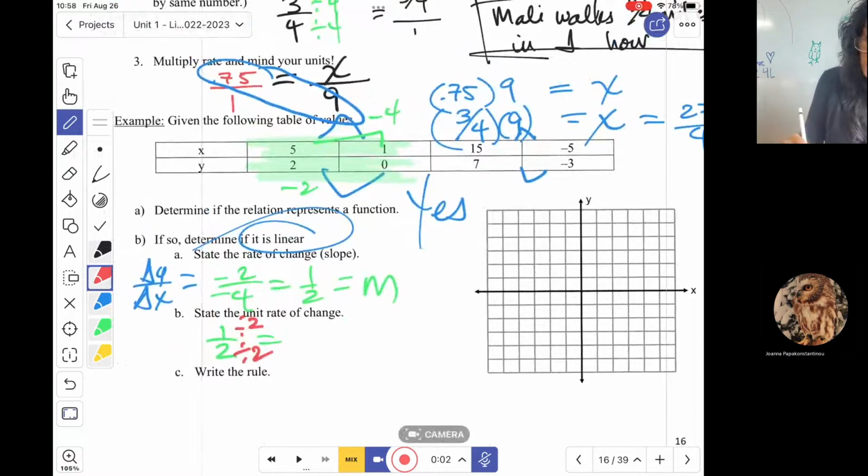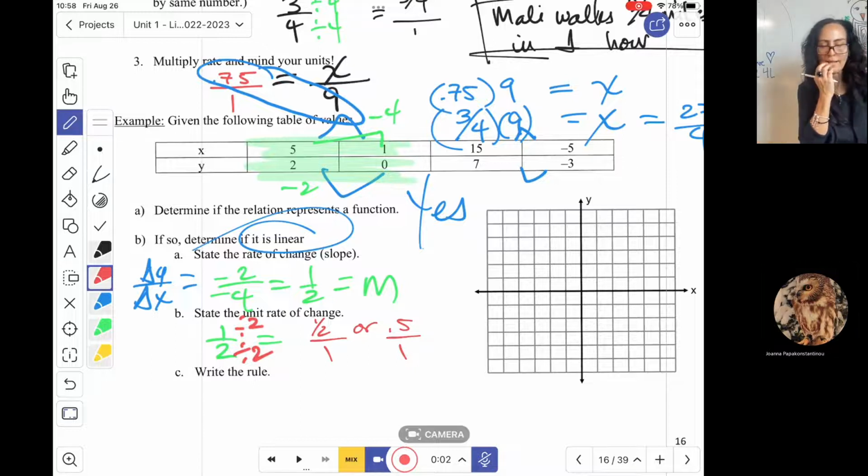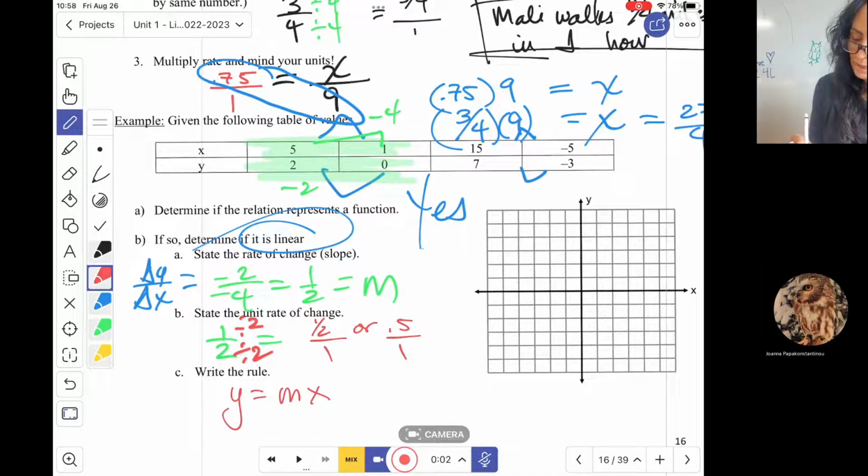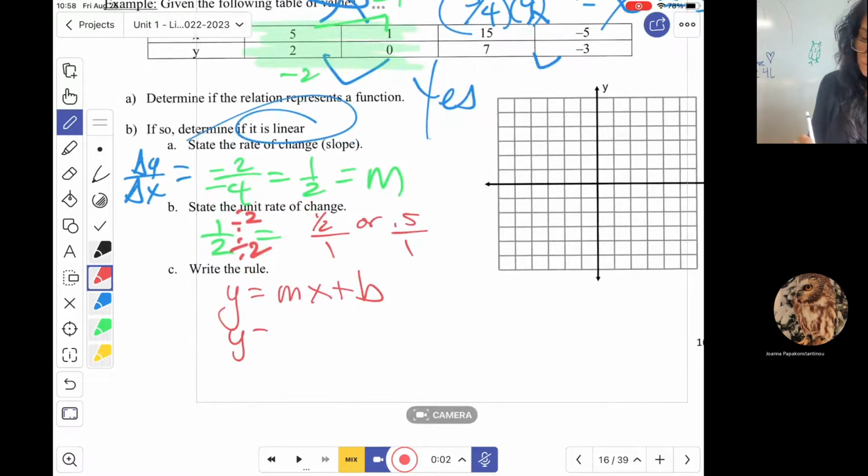So my numerator is 1/2 or 0.5, and my denominator is 1. So if this represents a linear function, I have found my slope, right?